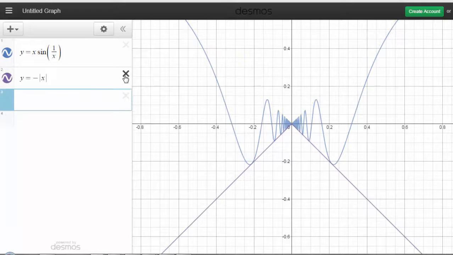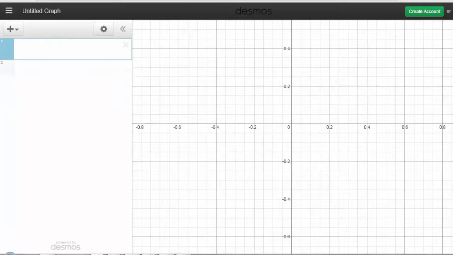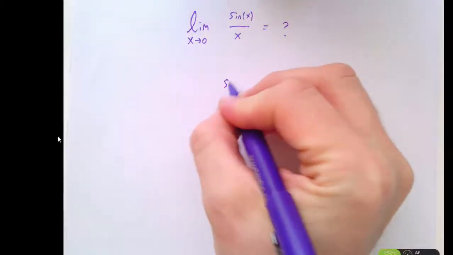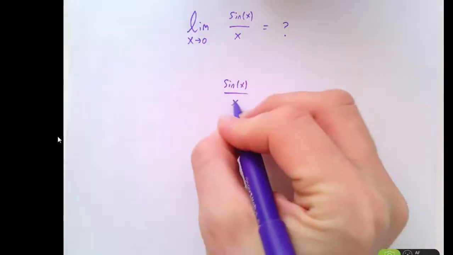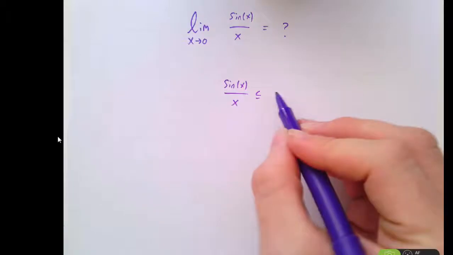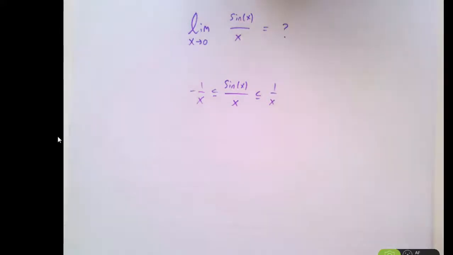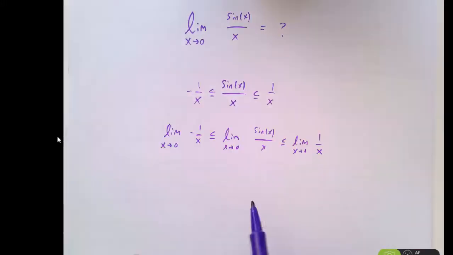Alright, well let's try and do the same kind of thing for this sine x over x function. I think the first thing that would occur to us is that sine x over x is less than or equal to 1 over x and is greater than or equal to negative 1 over x. Alright, that's definitely true. Does this really help us?